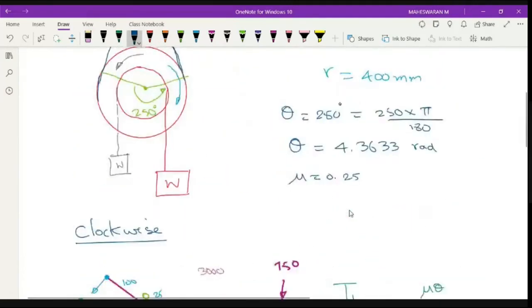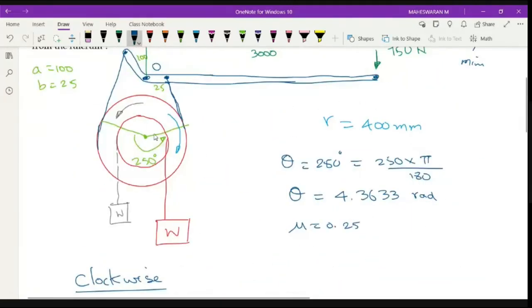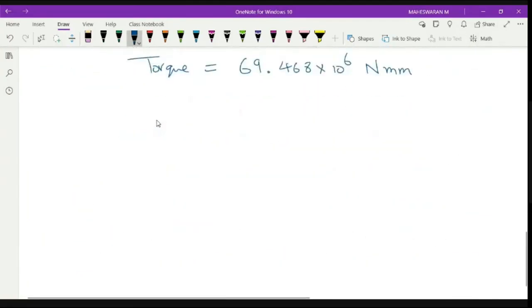But you know that you have a weight. So this weight torque is equal to the drum torque. Weight torque is nothing but, let me consider this as TW.